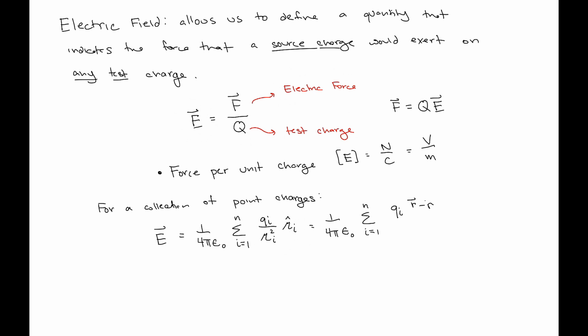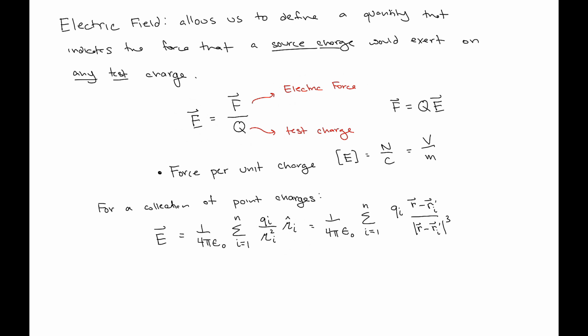But now we're dealing with those position vectors. Okay, so I'm going to put a little prime here. R, without the script i and the prime, that's the position vector of the point where you're trying to evaluate the electric field, and our R sub i primes are the position vectors of the source charges.